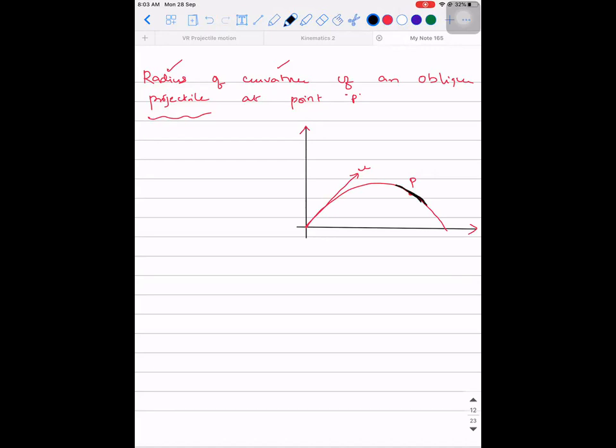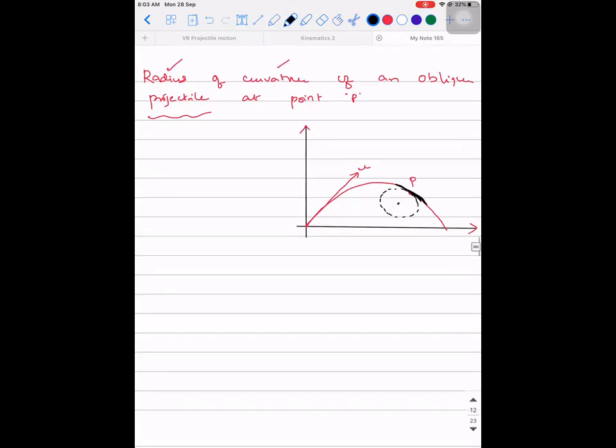At this curvature, if you are able to draw a circle like this, then they are asking what will be the radius of this circle. I use small r because capital R is used for range. Are you guys able to visualize what I'm trying to say?